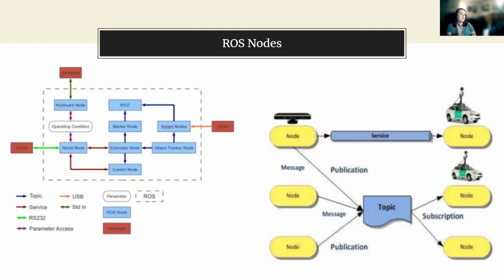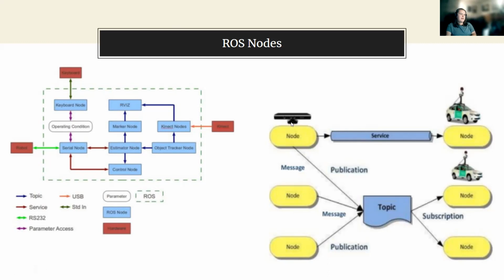Before we go forward, here are some example diagrams that I brought up. You can see each one of these blue boxes on the left is a ROS node, and the yellow shapes on the right are nodes as well.